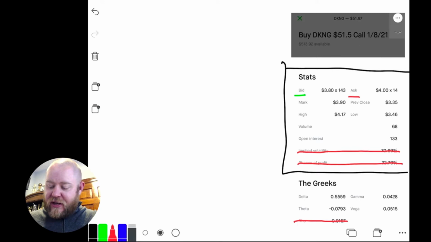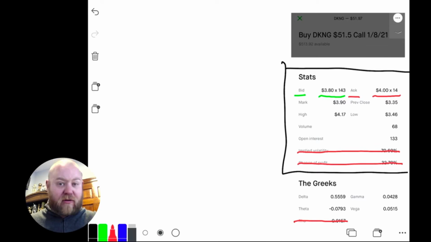And as you can see here, the buyers want to buy this options contract for $3.80, and there are currently 143 orders that are open that want to buy at that price. The sellers want to sell this option at $4, and there are currently 14 contracts that are open waiting to be sold at $4.